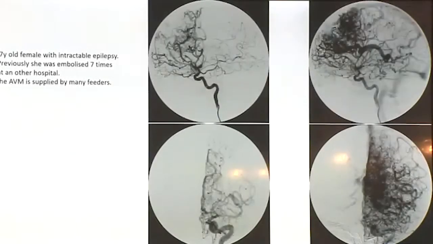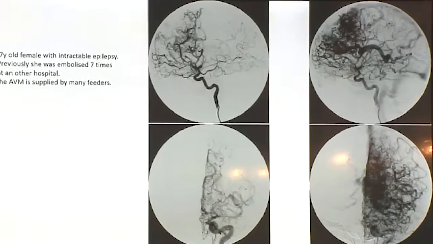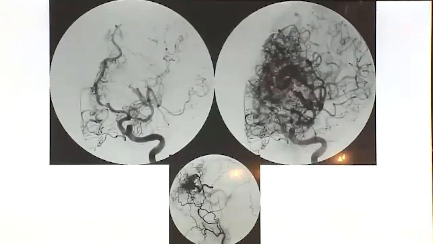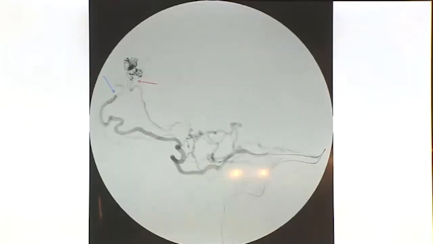The next, a 27-year-old female with intractable epilepsy, operated on 7 times in other hospitals, with radiosurgery. You can see thrombosis, or occlusion, of the sinus rectus, non-standard projection, and many, many small feeders. A very difficult combined arteriovenous approach, but the sinus is closed.